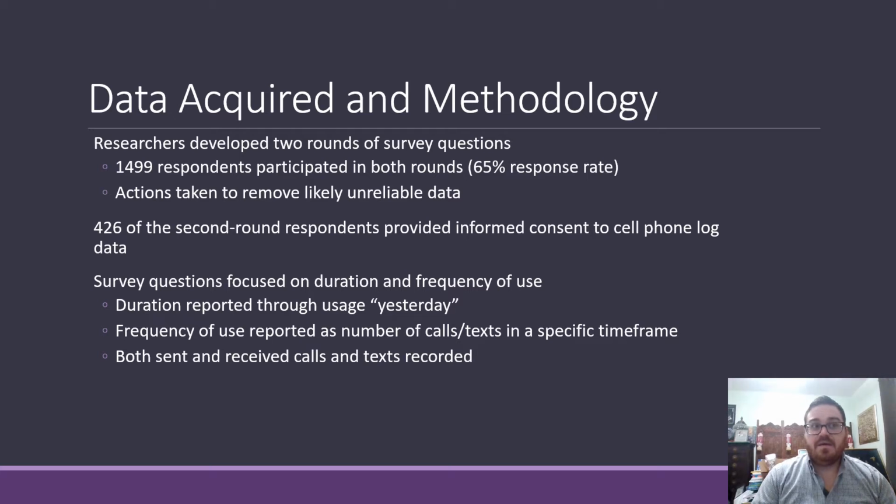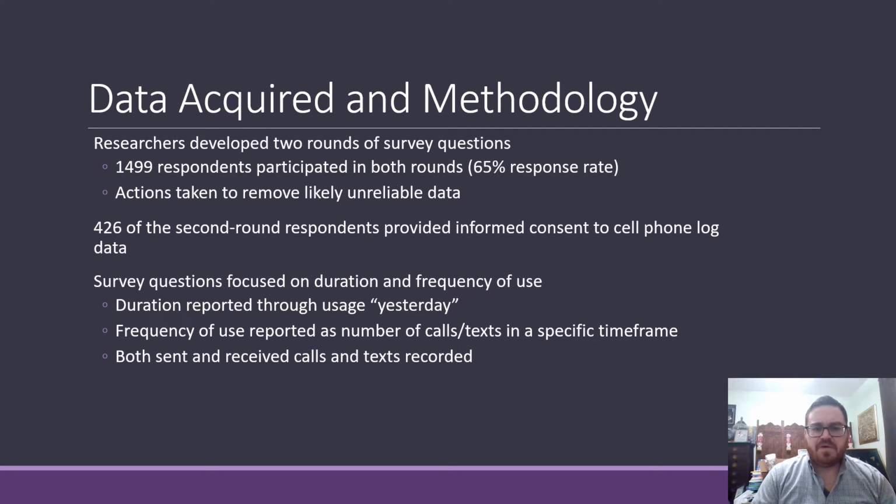Things like comparing the radically different ages reported by the user between the first and the second round helped to eliminate those that may have just blazed through the questions or had somebody else do the work or things like that. That way they could try to get the most honest answers from the participants.